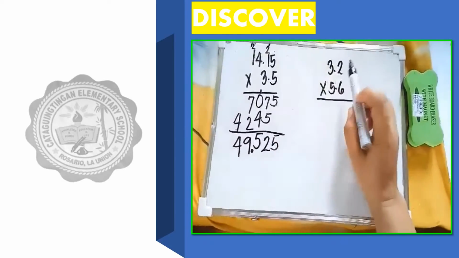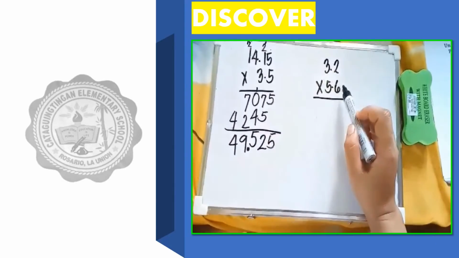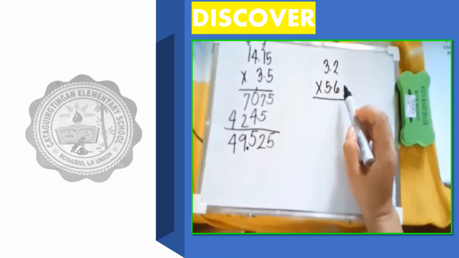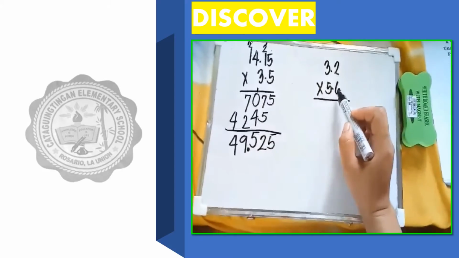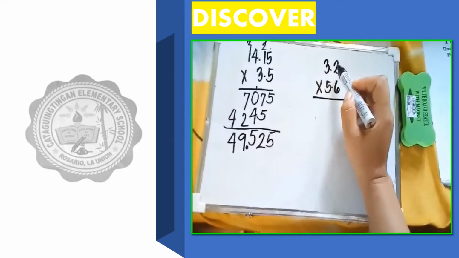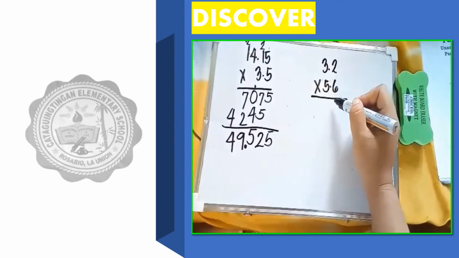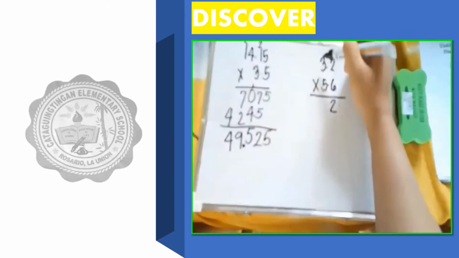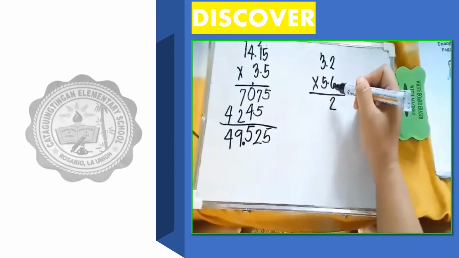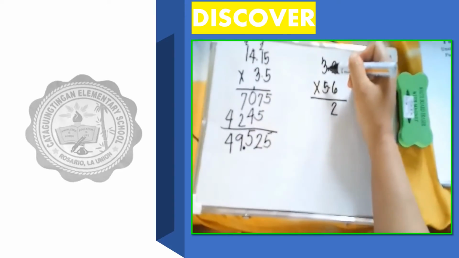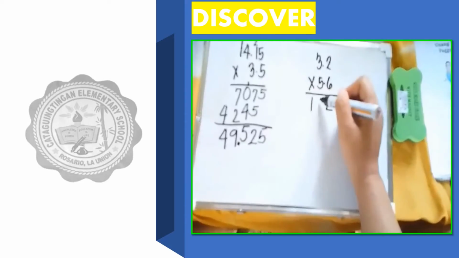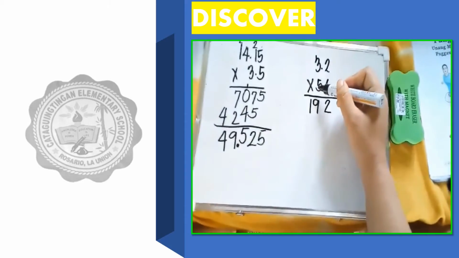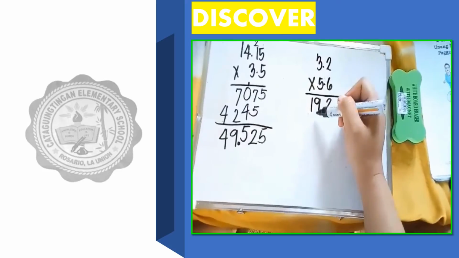3 and 2/10 times 5 and 6/10. Unahin natin right to left. So, 6 times 2 is 12. So, yung 12, lagay natin dito yung 1. 6 times 3 is 18 plus 1 is 19. Next, 5 times 2 is 10.